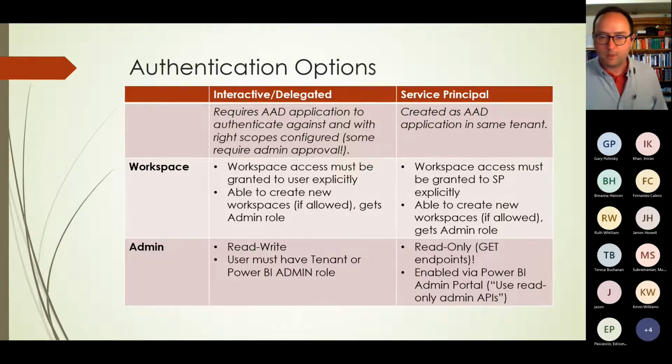So you should be able to see the matrix I've created on that slide. That's something which is quite important for us to get our head around. Looking at columns, we've got two different ways of authenticating. One is interactive, the other one is using service principal.